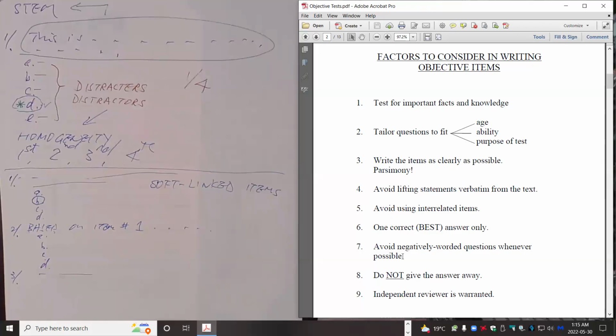For example, the word not, highlighted by underlining, boldface, italic, whatever, not the words can't, won't, wouldn't, or couldn't, that type of thing. You know what I mean? Now, never use double negatives, because they serve only to confuse the students, and therefore they should never be used. Right? Now, another thing is the problem with negative items.